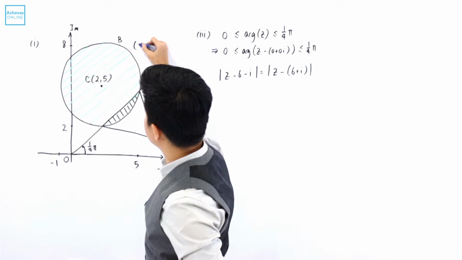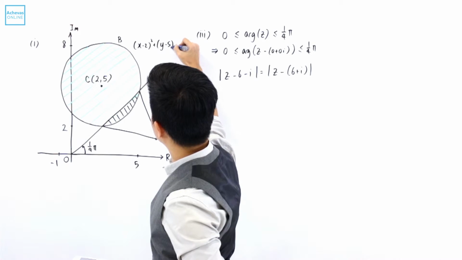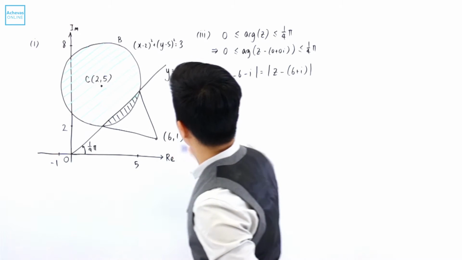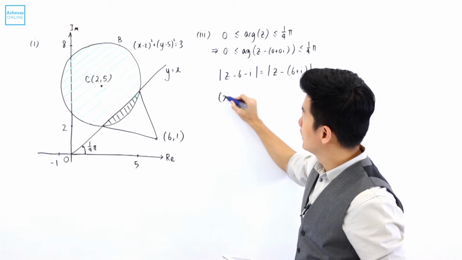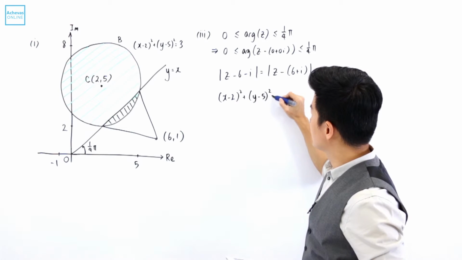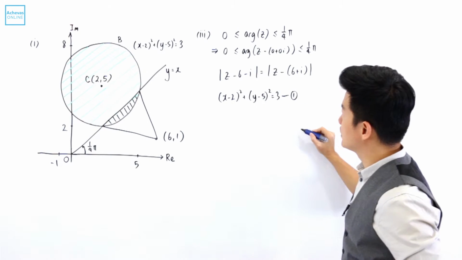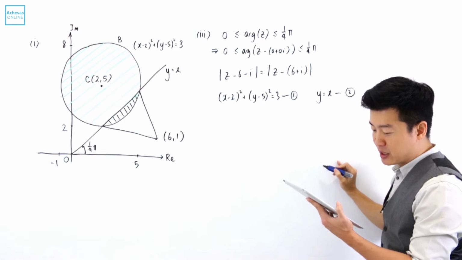That means the equation of this circle must be x minus 2 square plus y minus 5 square is equal to 3. So I'm going to call this equation number 1, and y is equal to x, I'm going to call this equation number 2.